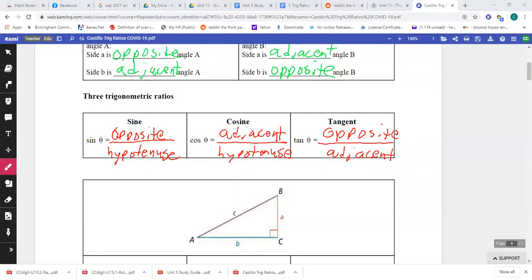Now there is this one mnemonic that we all kind of know, and that is Sohcahtoa. This is the big thing to remember all of these trig ratios, right?